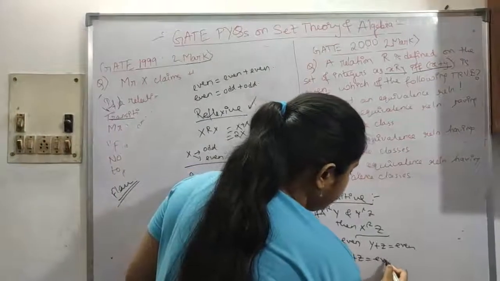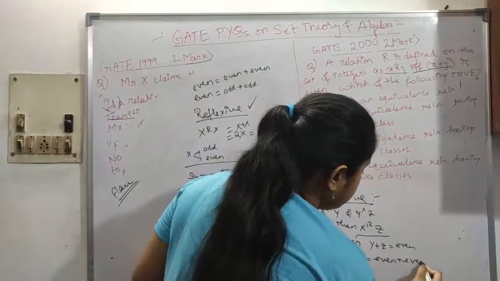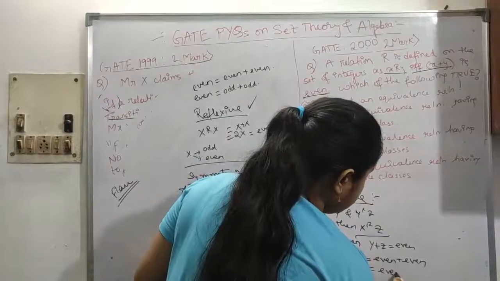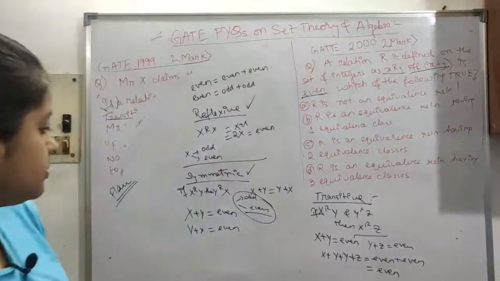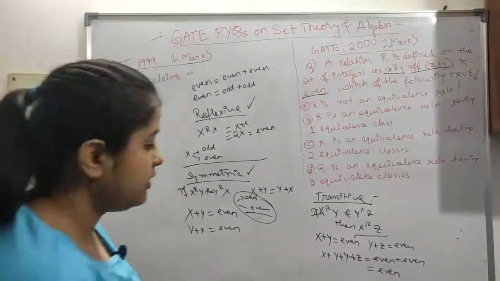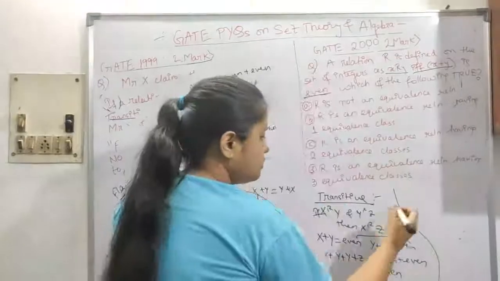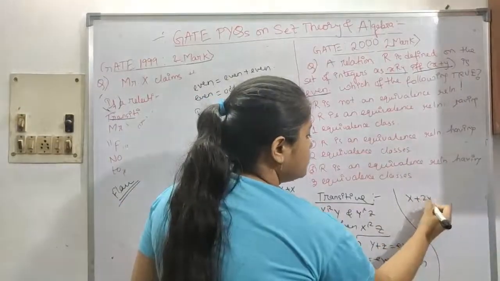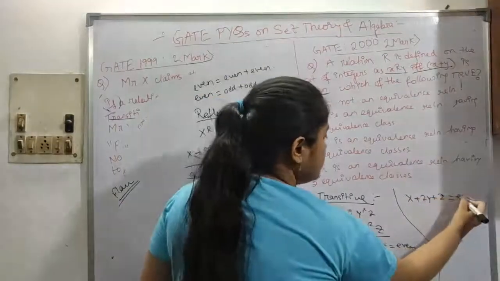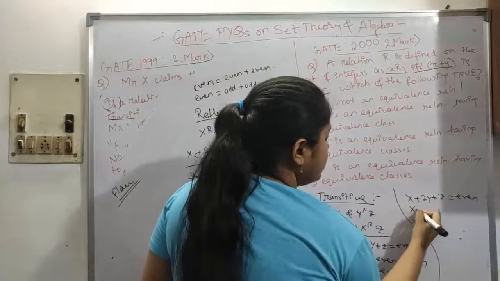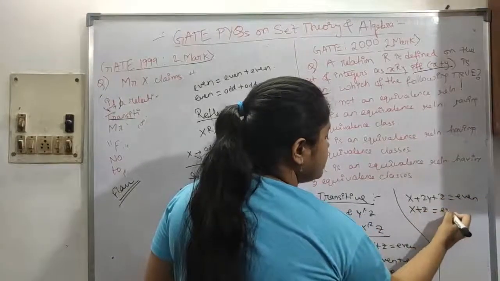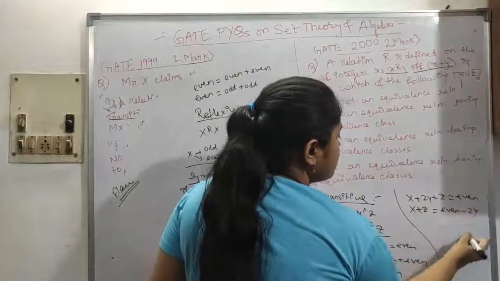So even plus even is basically even. So now where should I write? Here, let me write it here. Okay, so x plus 2y plus z in total is even. So now x plus z is even minus 2y.